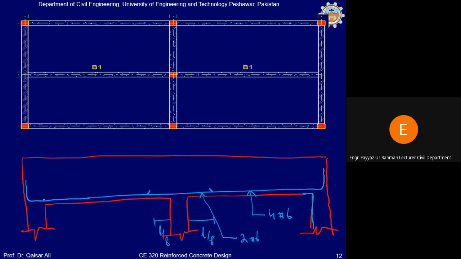You will provide 2 bars continuously in the bottom, and then you will place additional 2 bars in the center of the section from L by 8. Clear?